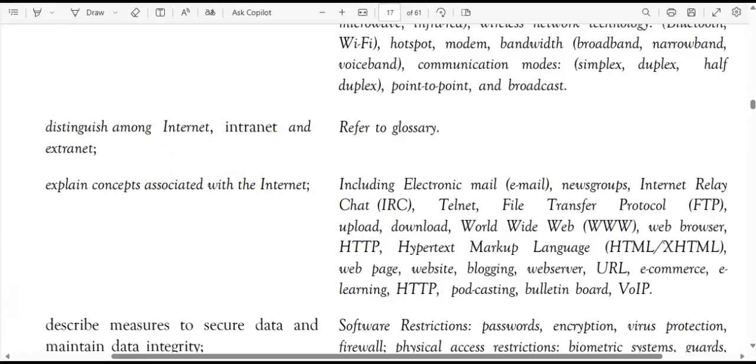All right, now let's look at the internet first. The internet is a global public network that connects millions of private, public, academic, business, and government networks worldwide. It allows anyone with access to connect and share information globally.